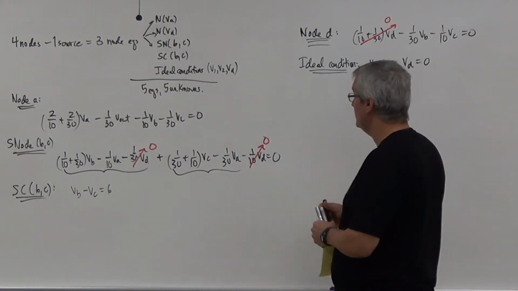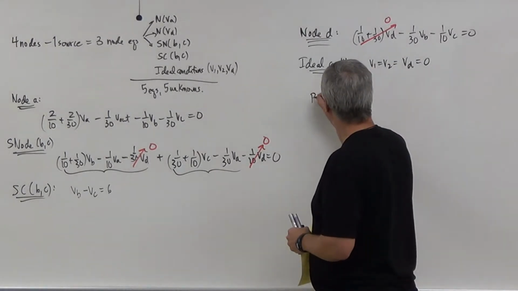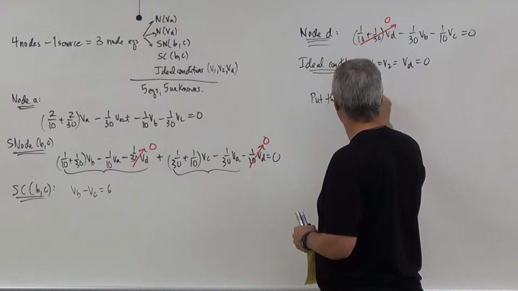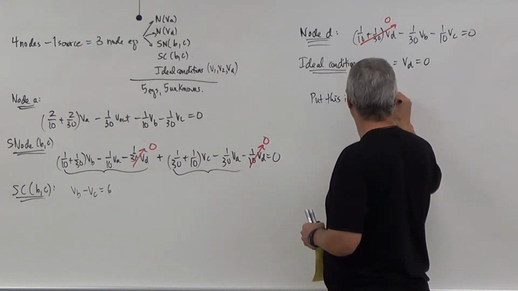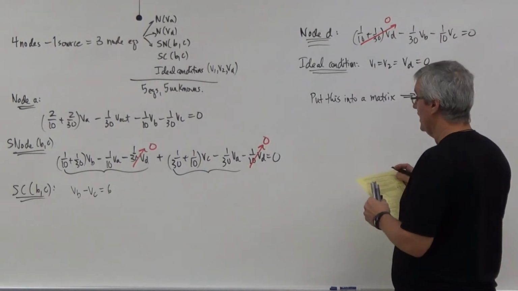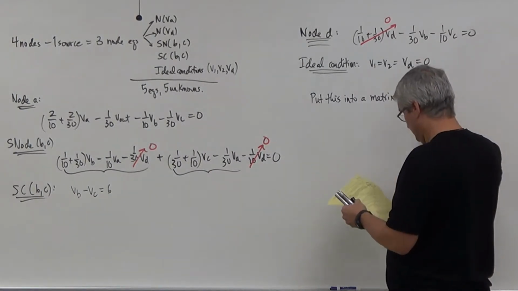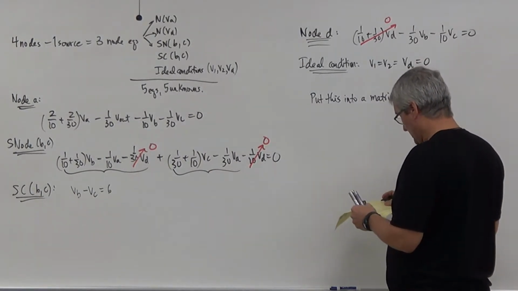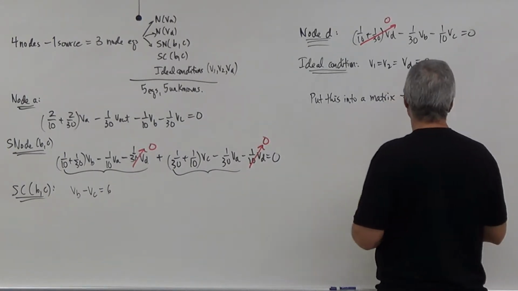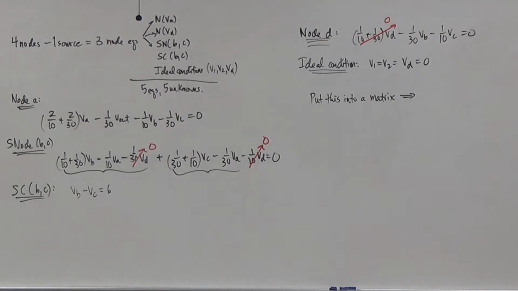So now if I put this into a matrix, I'm going to say that you're going to get the solution of VA. In the end, you should get an equation that essentially tells you, how about if I not matrix this guy up? How about if I just give you the answer?